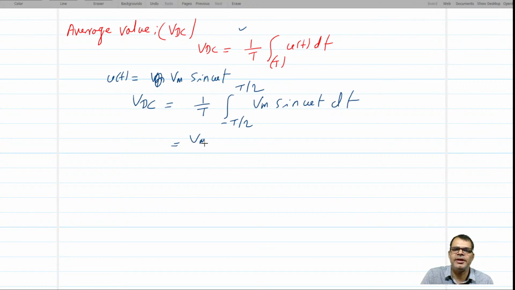So Vm upon T, integration of sin omega t with respect to t is very simple: 1 upon omega, minus cos omega t, from minus T by 2 to T by 2.